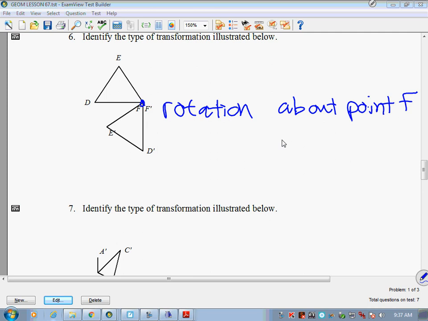Clockwise. So I'm going to put that in here. Rotation clockwise about point F. Again, that's more information than what they're asking for. At least I think so. Let's see if they include any of that. Okay. Triangle DEF is rotated clockwise about point F.